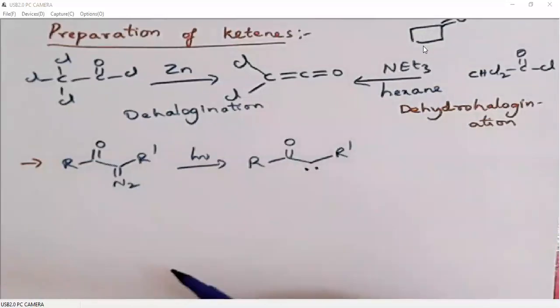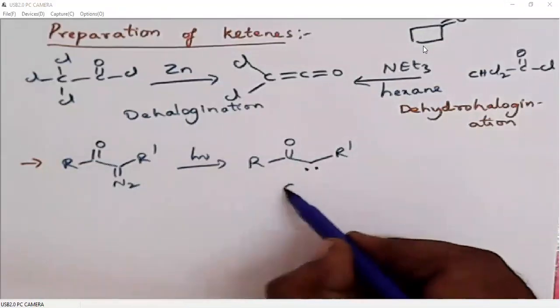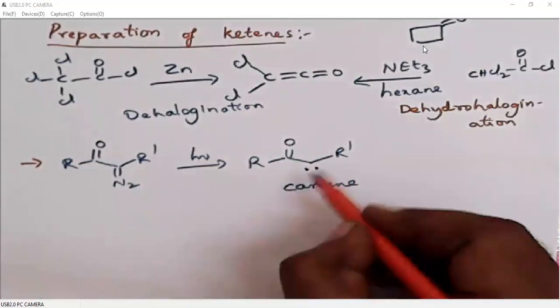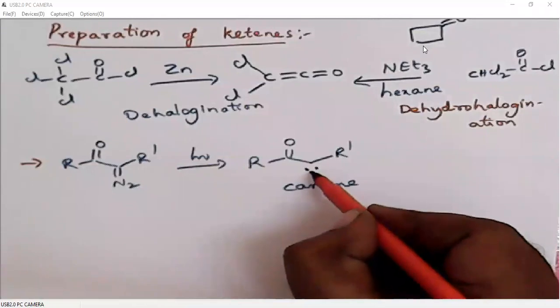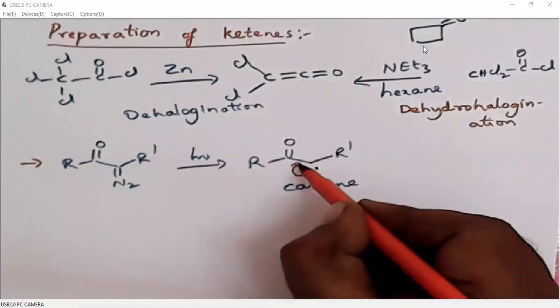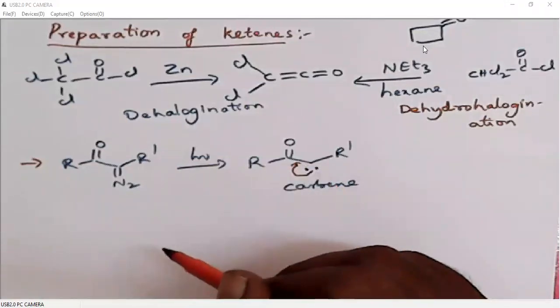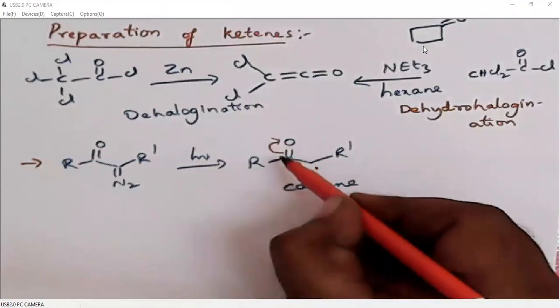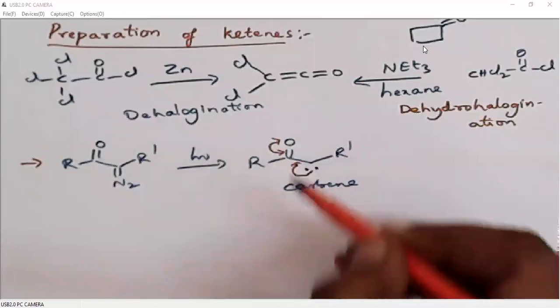So carbon with 2 electrons is called a carbene. The electrons can be polarized like this. Then this C double bond will be breaking, and again it will form.